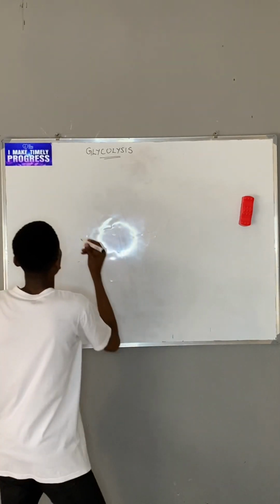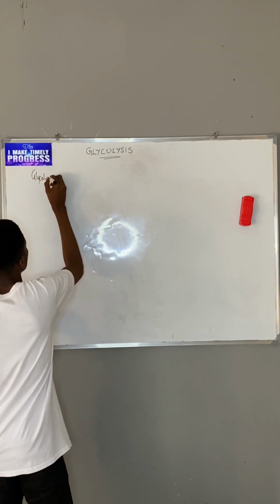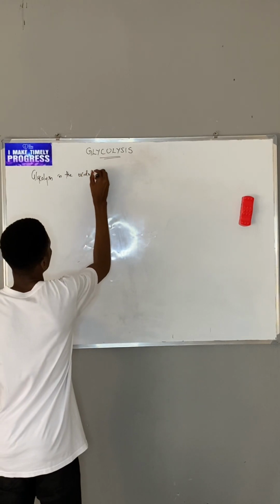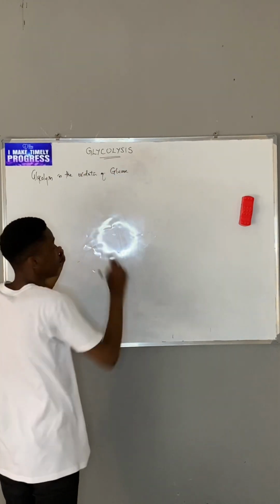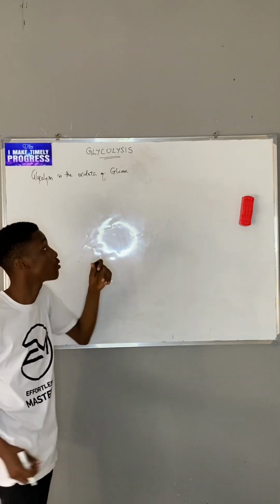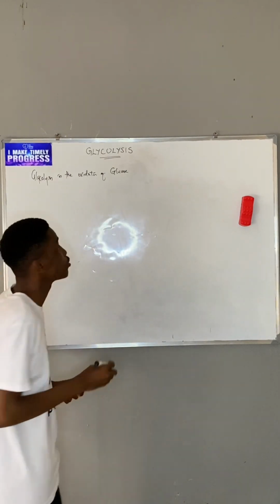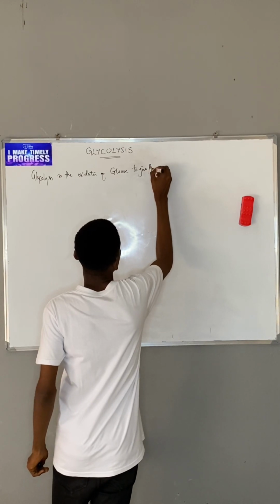So usually, as a way of definition, glycolysis is the oxidation of glucose or the metabolism of glucose to give pyruvate.